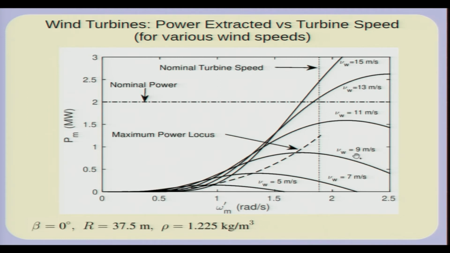For example, if the wind speed is 9 meters per second and you assume beta is equal to 0, then if my mechanical speed is 2 radian per second, the power extracted will be slightly lower than 1 here. So, if you know the rotational speed of the turbine, you can obtain what power you are going to get out of the wind.